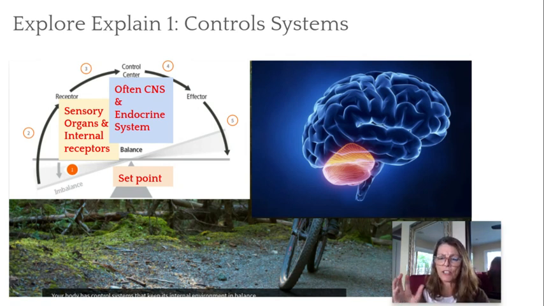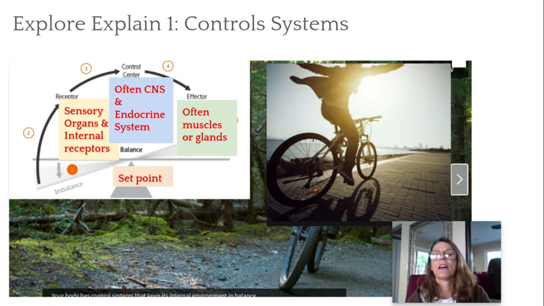So then that control center, usually made of the brain or spinal cord, sometimes endocrine glands, sends a message to a part of your body that can do something about it. In this case, that's your muscles. You're going to pull yourself the opposite direction from which you're falling. Sometimes the effector is a gland, sometimes it's a muscle, but usually it's something that can act, so it has some sort of movement going on in it. And then you'll pull yourself back into balance again.